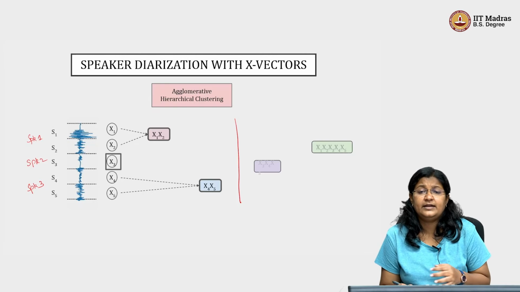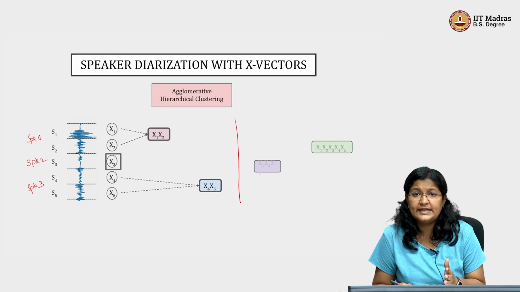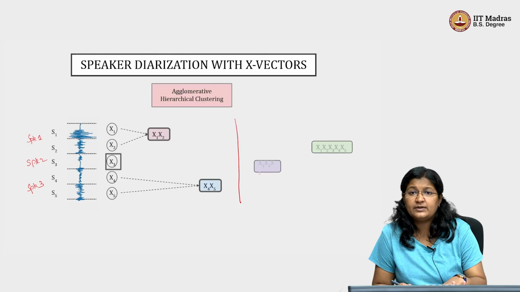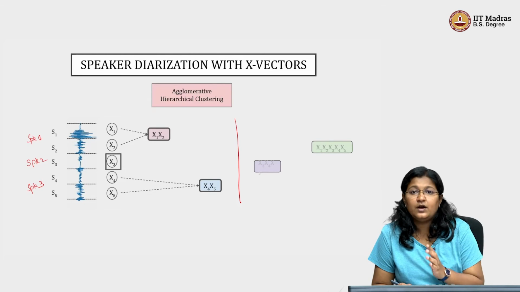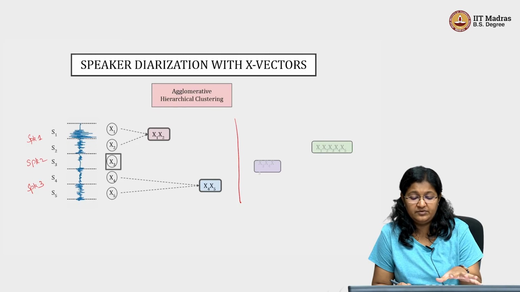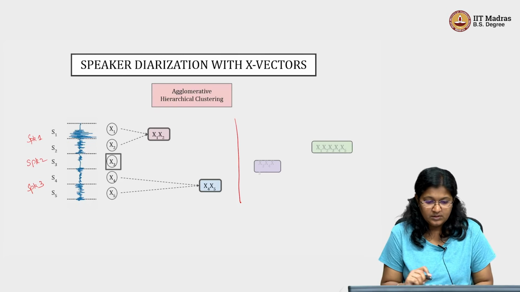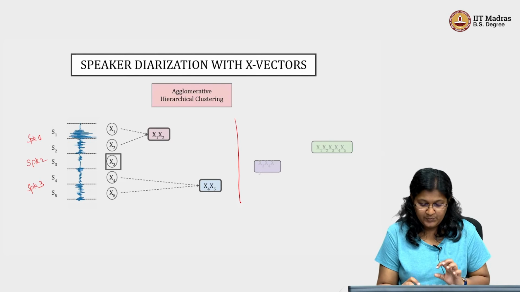If we are sure that every audio is 2-speaker data, then I know that I should end with 2 endpoints, right? So accordingly, I'll just put a cut in the final clustering. Okay. So this is how speaker diarization is done with X vectors and the clustering process.